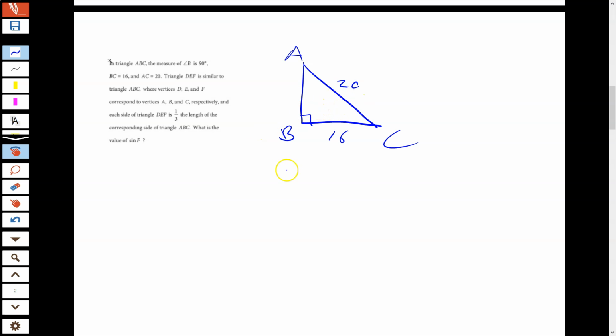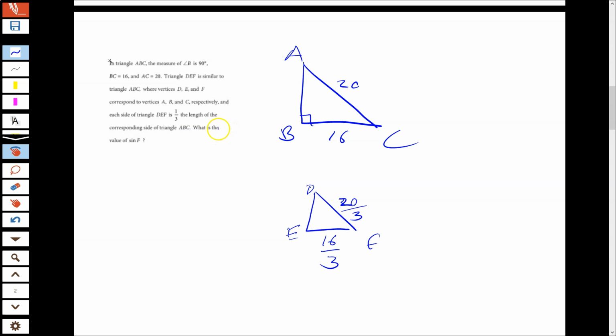And then it tells us about DEF, which is similar, meaning proportional, to ABC. So DEF, it says, is 1/3 the length. So 20 over 3, I guess we could say, if it's 1/3 the length, and 16 over 3.